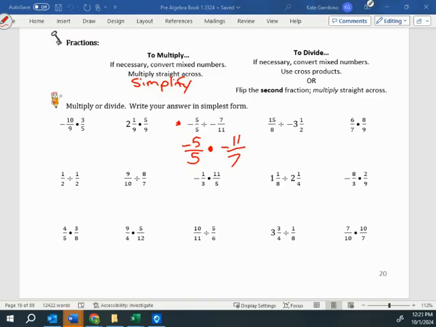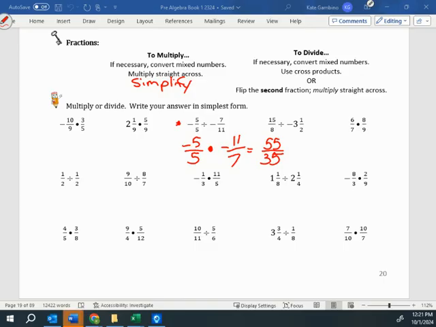Then you can cross simplify, you can multiply across, always making sure that the final product is as simple as it gets. 5 times 11 is 55, 5 times 7 is 35, negative times a negative is a positive.